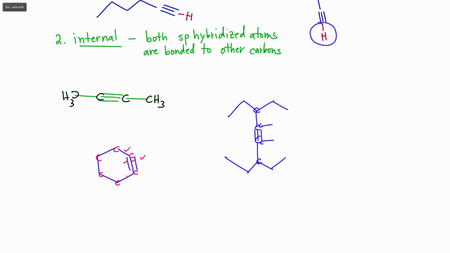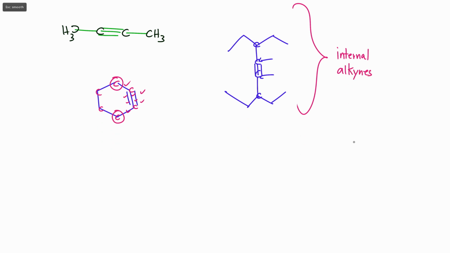This carbon has 1, 2, 3, 4 bonds. And they are attached to other carbons. So all of these are considered internal alkynes. Okay, now why is that important and what does it have to do with acidity?